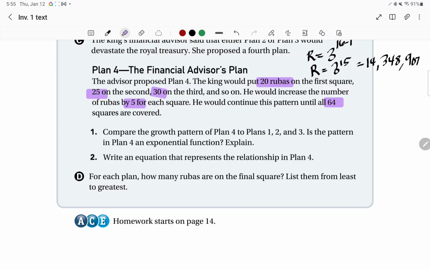So he says, let's go back to 64 squares, but let's use a different pattern of change. So compare the growth pattern of plan 4 to plans 1, 2, and 3. Is it an exponential change? Explain. And then on 2, write an equation that represents the relationship in plan 4. So go ahead and do part C, and then come back to the video to see how you did.